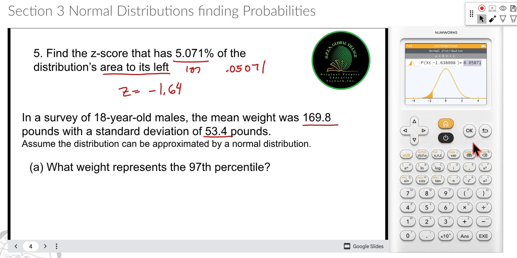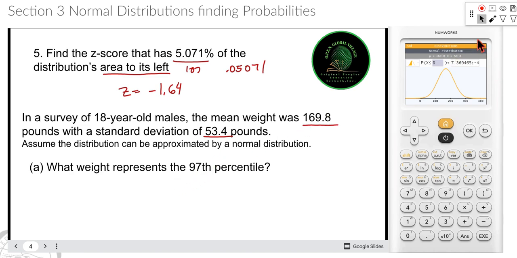First of all, we need to back up, and we need to go 169.8 for our mean, and 53.4 for our standard deviation. And now look at our chart, has all this stuff in here.